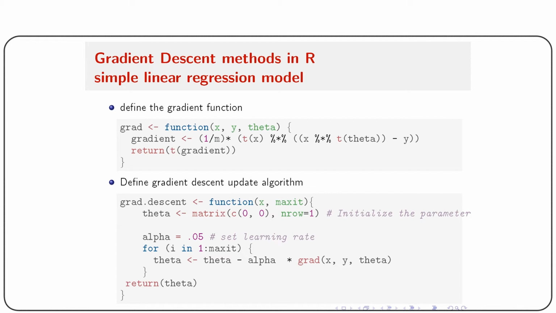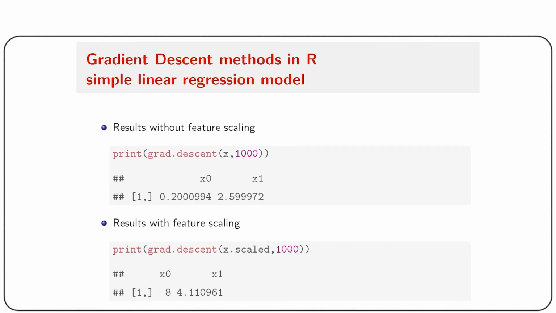Once you run it, you will get the results. So if I give gradient descent x comma 1000, the solution is coming around 2.20 and 2.59, quite similar to the actual linear model fit results, and the same for the scaled data, it is also quite similar to the actual fitting in the lm function, where recall that it is 0.2 and 2.6, and for the scaled data 8 and 4.11.